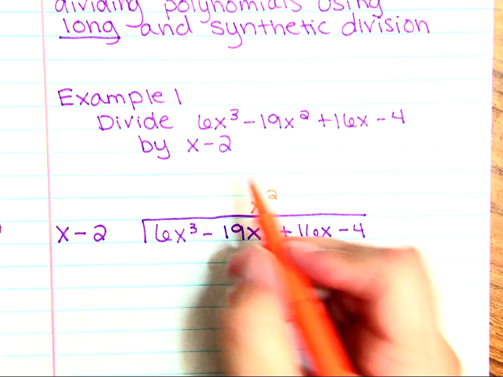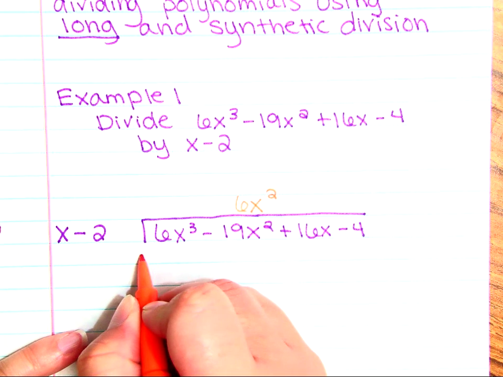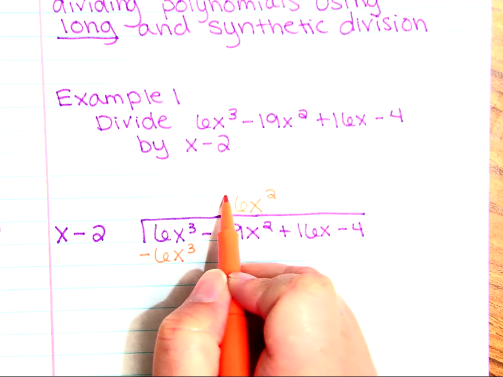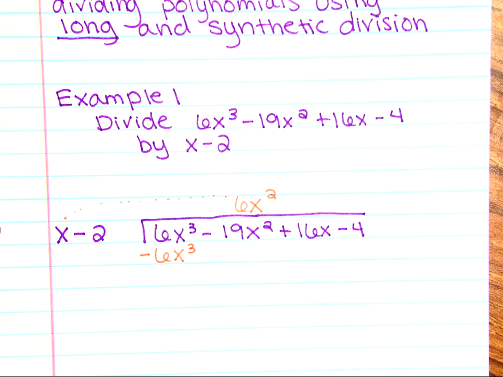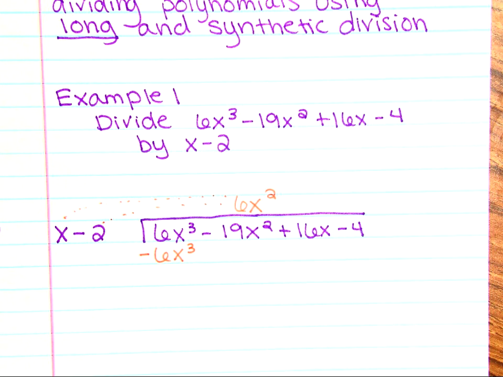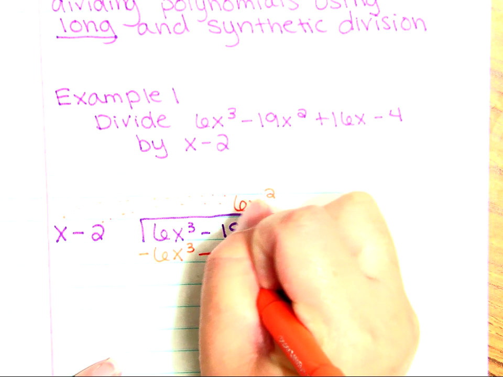And we need 6x squared. So we would have minus 6x cubed down here, because again, I took 6x squared times x. Okay? Then I also have to take 6x squared times that minus 2. So that would be minus 12x squared.